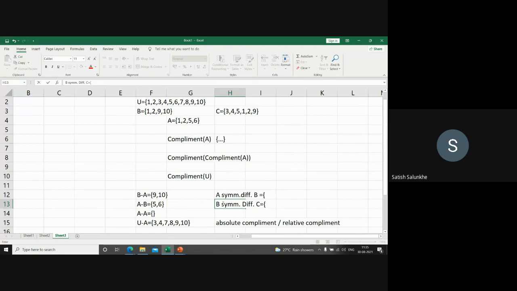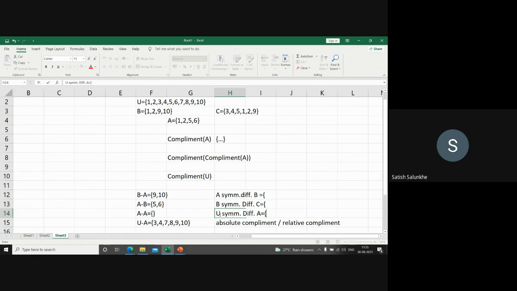Similarly, U symmetric difference A. Find out quickly and let me know your answer. Whatever answer you are posting, I should know what it is for.